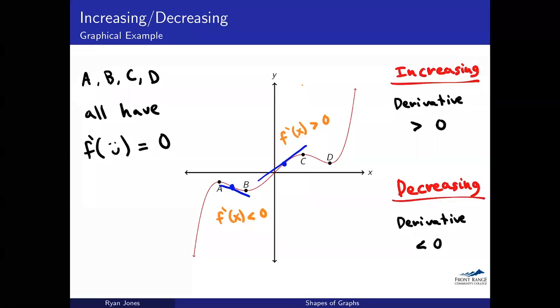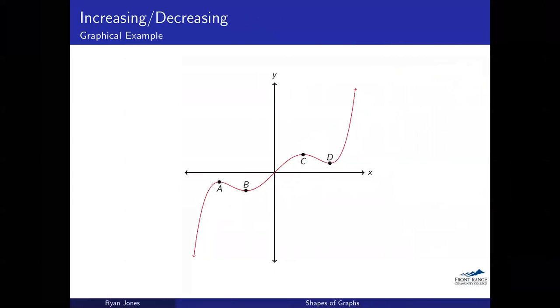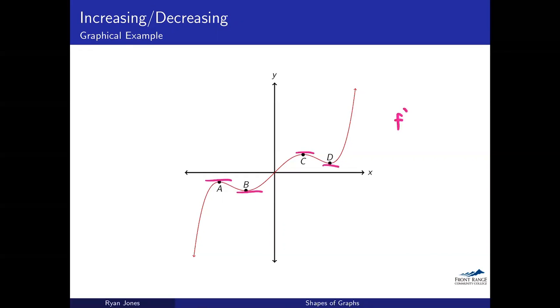So like before, we had that here, A, B, C, and D. Those were points where the first derivative was in the process of switching from one sign to the other, so from positive to negative or negative to positive. And what we noticed there was when that happened, we had f prime of x equal to 0, right?